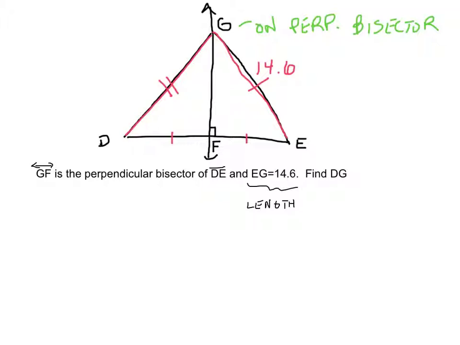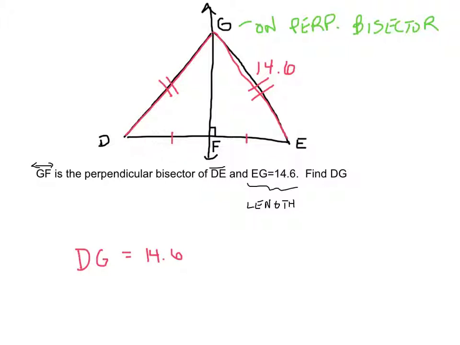We know these two lengths will be the exact same. So therefore it's easy to see that DG is going to be 14.6. DG is equal to 14.6. Let's do one more example.